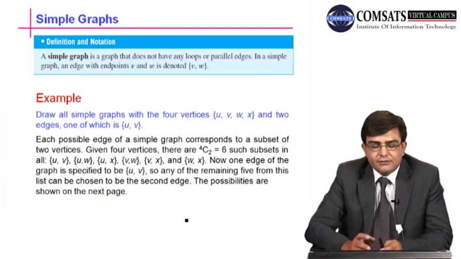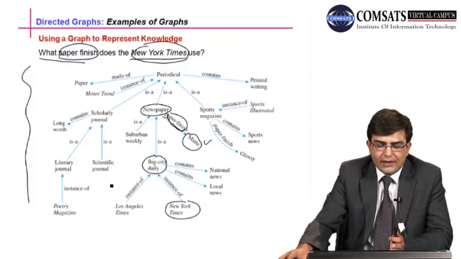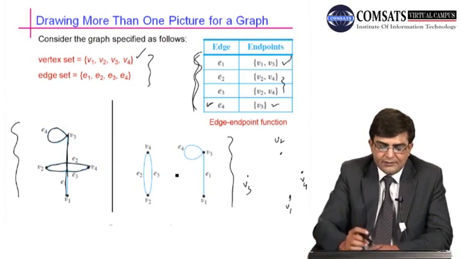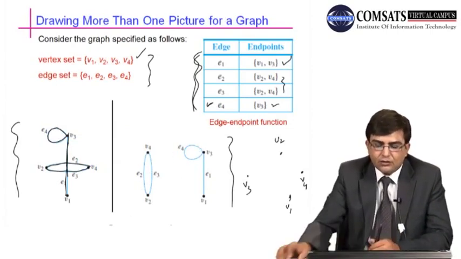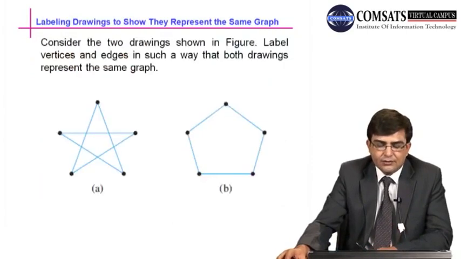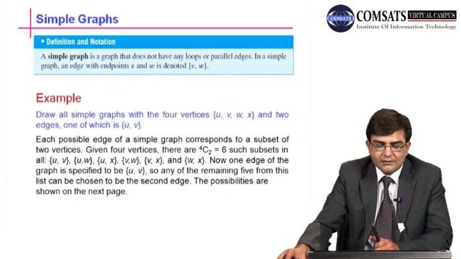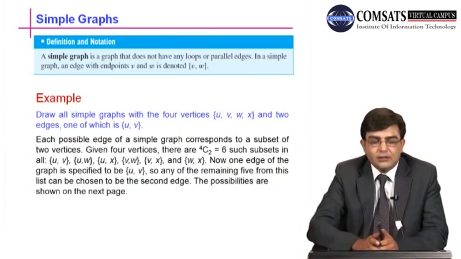A simple graph basically इसमें आपके पास कोई लूप्स और पैरेलल एजेस नहीं होते. मीन्स अगर आप किसी भी ग्राफ में लूप्स और पैरेलल एजेस, फॉर एग्जांपल हेयर, इसमें लूप्स और पैरेलल एजेस हम हटा दें तो ये सिंपल ग्राफ बन जाएगा. सो सिंपल ग्राफ में आपके पास लूप्स और पैरेलल एजेस नहीं होते.